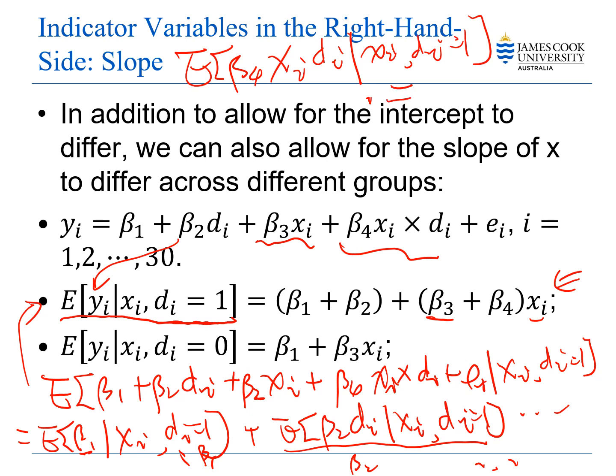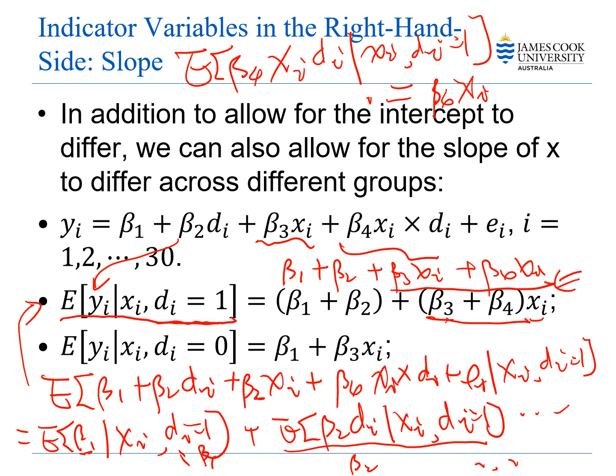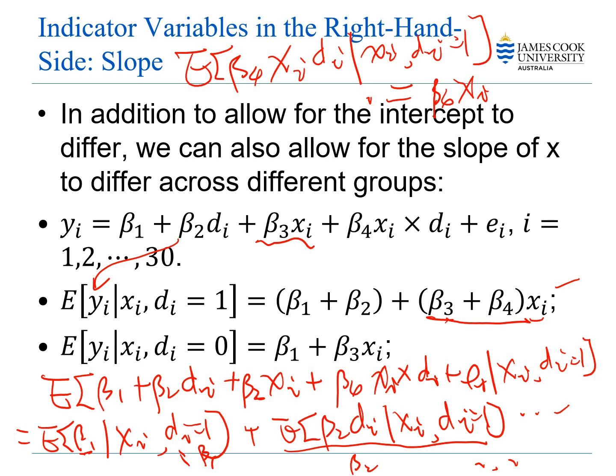So this is equal to beta 4 xi times 1. Anything times 1 gives you the same number, right? Beta 4 xi. So now we have beta 1 plus beta 2 plus beta 3 xi plus beta 4 xi. Then combine these two terms, pull the common factor xi out, and we get this. So that's the regression function for di equal to 1.